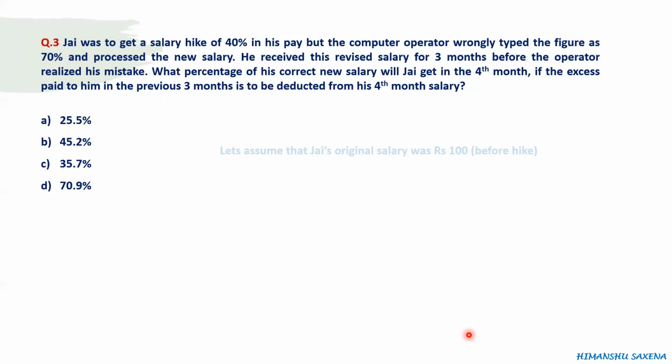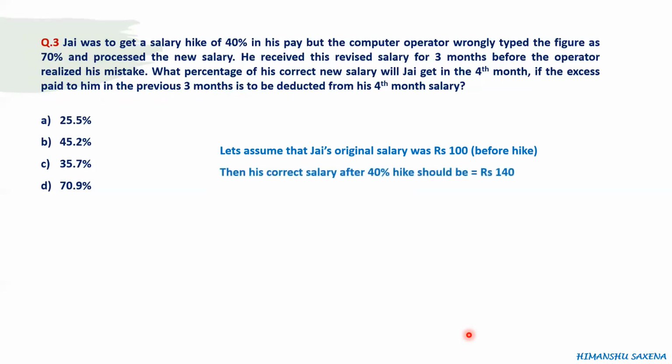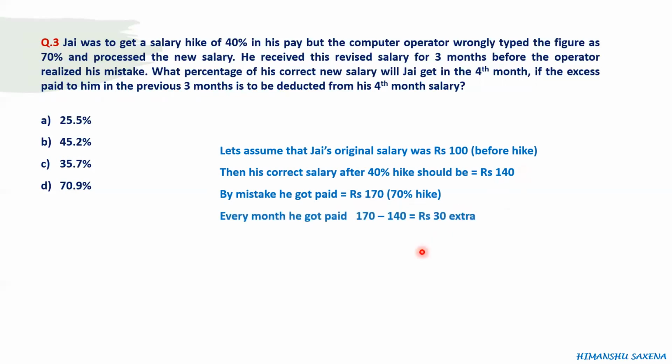So here we will assume that Jay's original salary was 100 rupees before the hike. So his correct new salary after 40% hike should be 140 rupees. But by mistake, he was getting paid 70% hike, which is 170 rupees every month. Now every month how much extra was he paid? 170 minus 140, which is 30 rupees extra every month.